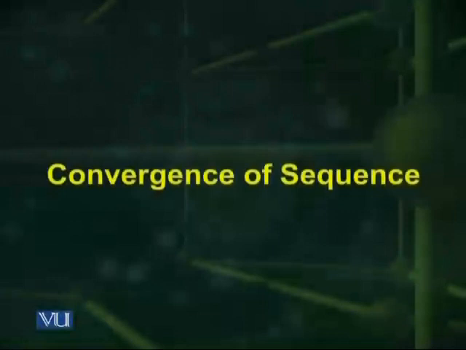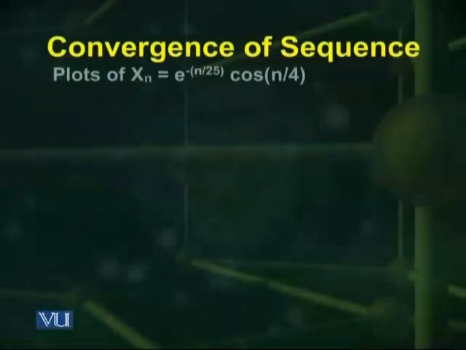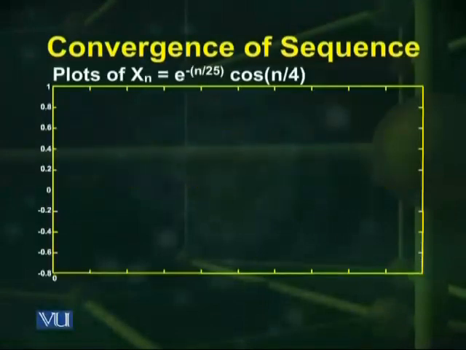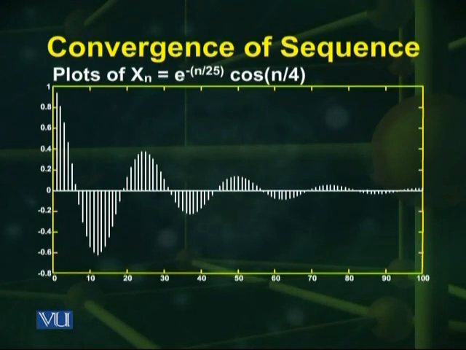This example is shown here, where the values of the sequence are shown as the lengths of these vertical lines. And this sequence is from the equation xn is equal to e raised to power minus n over 25 multiplied by cos of n over 4.